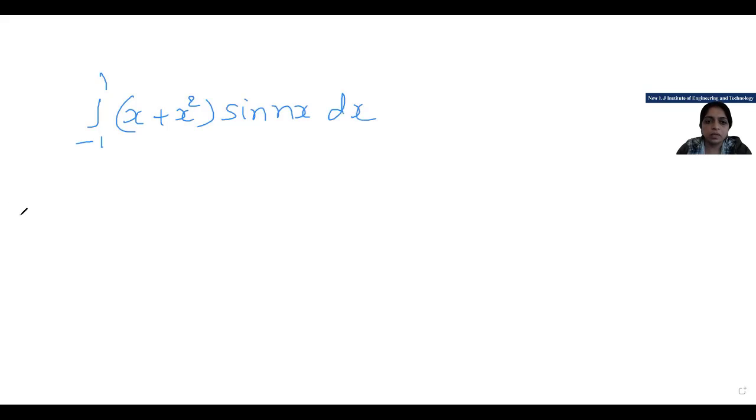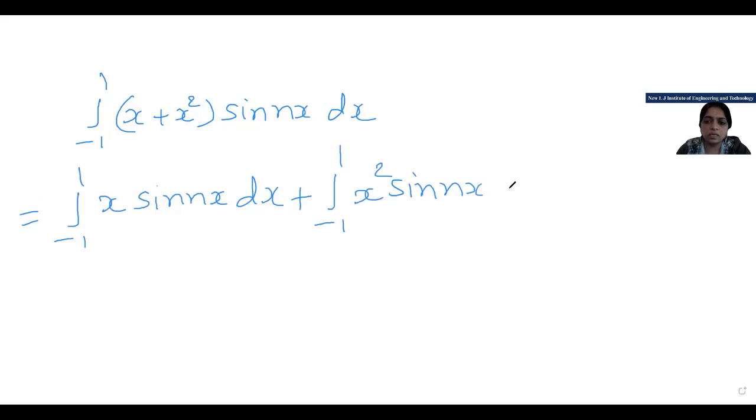At that time, we have the integral from minus 1 to 1 of x into sin nx dx plus the integral from minus 1 to 1 of x square into sin nx dx.